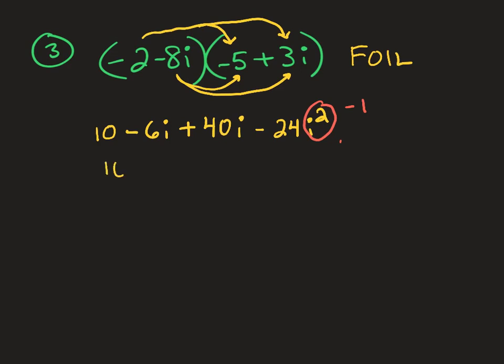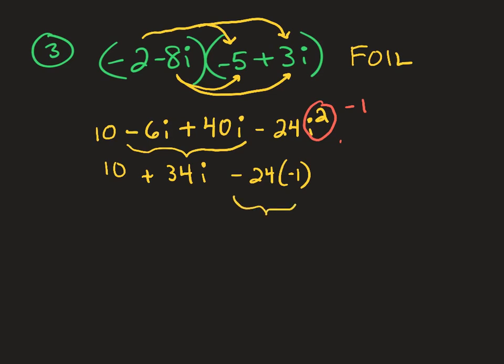So moving down, 10, these two terms in the middle are like terms. Negative 6i, positive 40i is going to be positive 34i. And then we've got negative 24 times negative 1. The 24 was multiplying times the i squared, so make sure you multiply the negative 1 instead of just subtracting it.